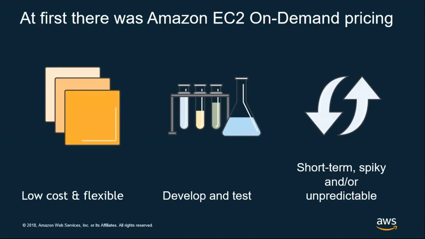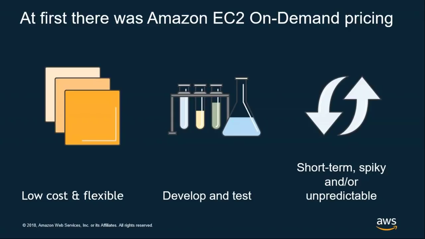And on-demand instances are really great for, and have always been great for, achieving low cost with flexibility about the instances and how often you use them. It's great for workloads where you're just getting started, you're doing development, you're doing testing, and obviously great on an ongoing basis for workloads that are short-lived or spiky or highly unpredictable.